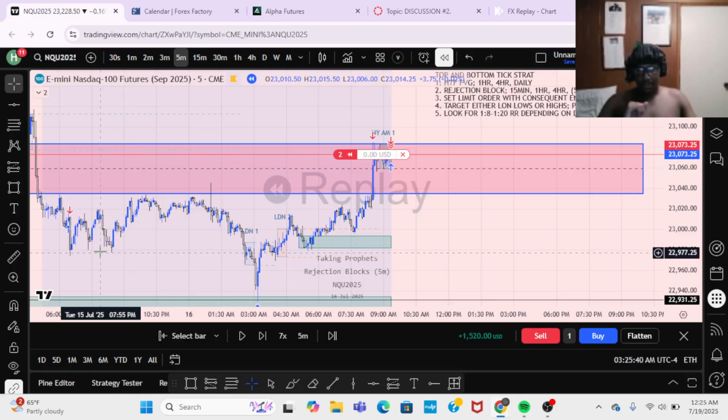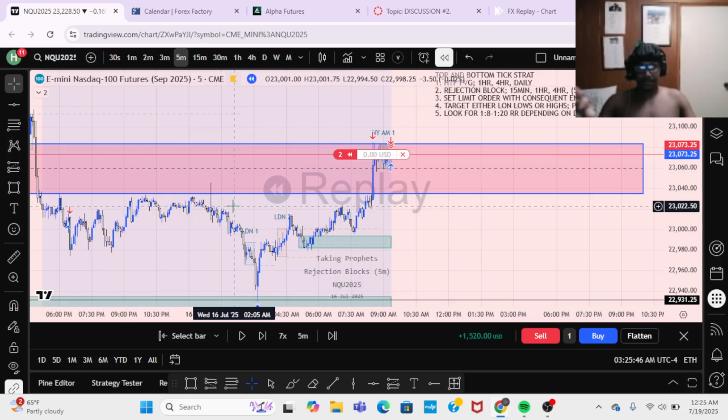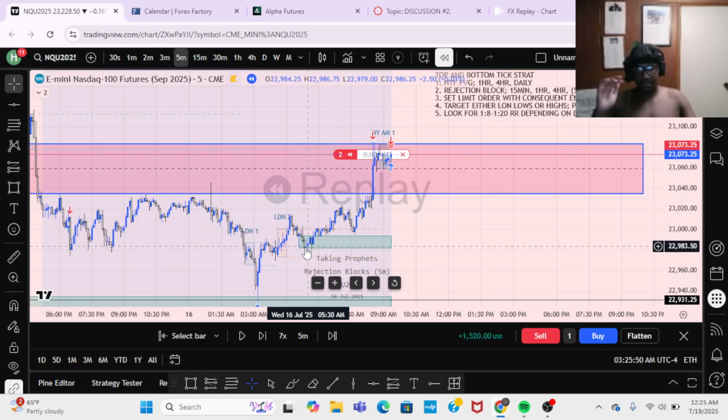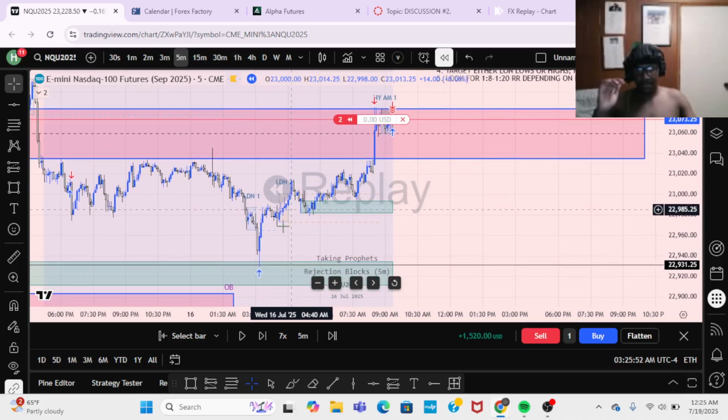This right here is Asia, but I didn't take Asia, so we're not going to target Asia. What do we have to work with? London lows here, London lows here, and right here, this literally is an example of a rejection block as well.